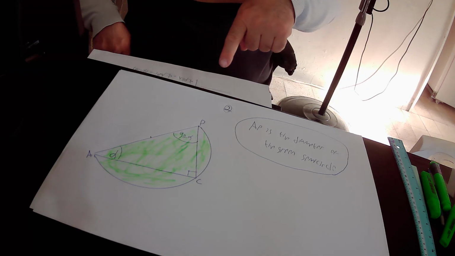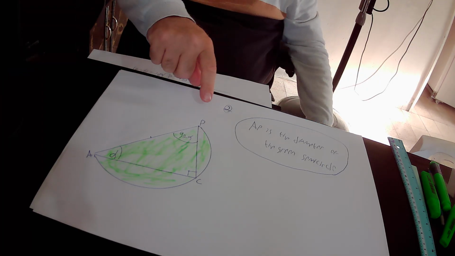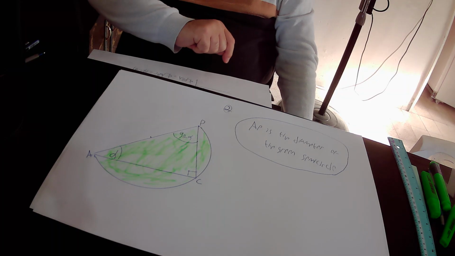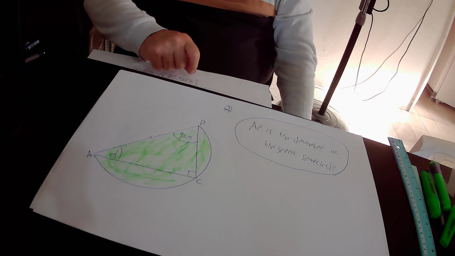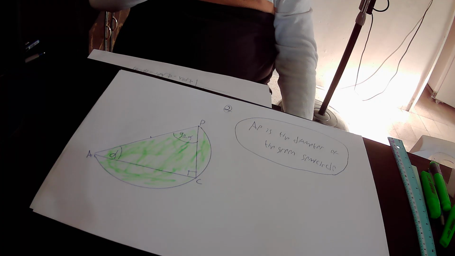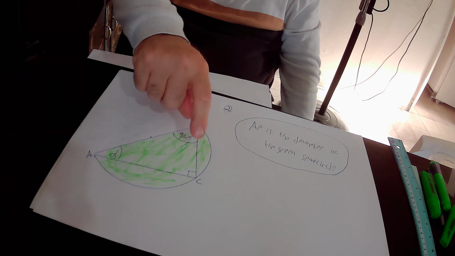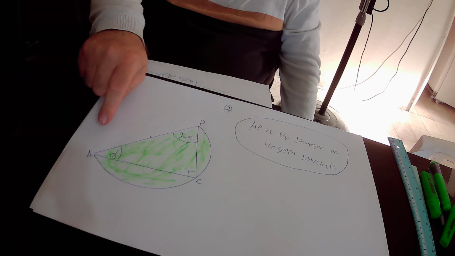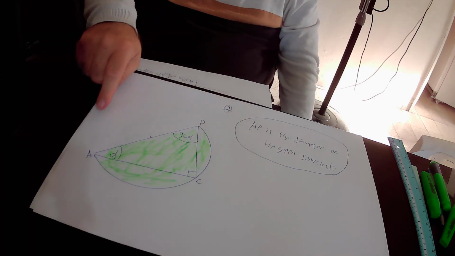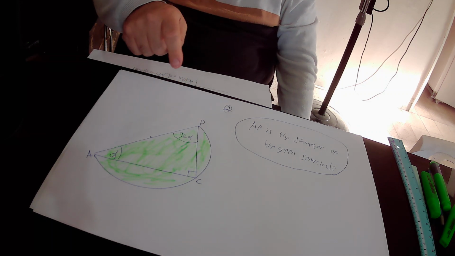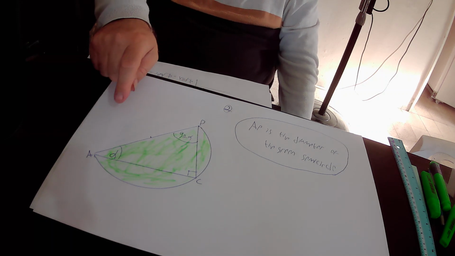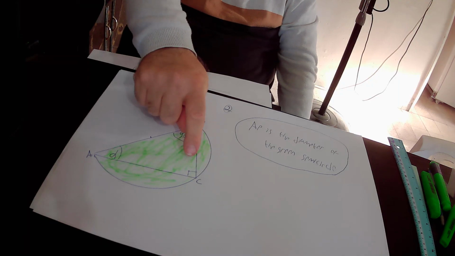AP is of course the diameter of the green semicircle. By joining points P and C together by a straight line, we get the peripheral angle ACP. This peripheral angle ACP is subtended on AP, that is the diameter of this green semicircle. Therefore, according to the rule, peripheral angle ACP must be equal to 90 degrees in its size.